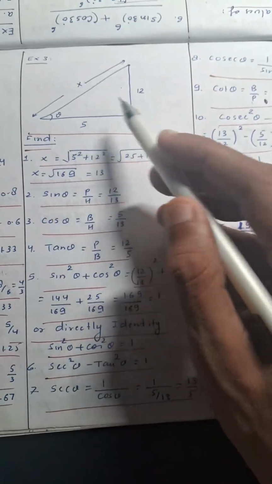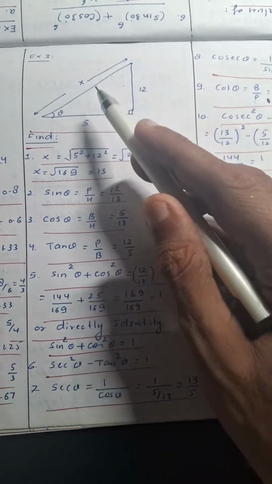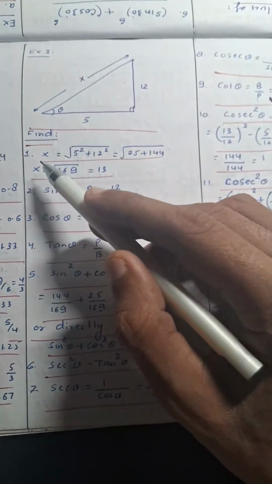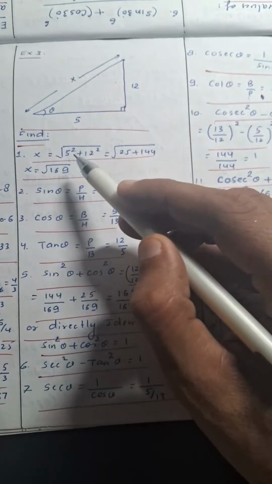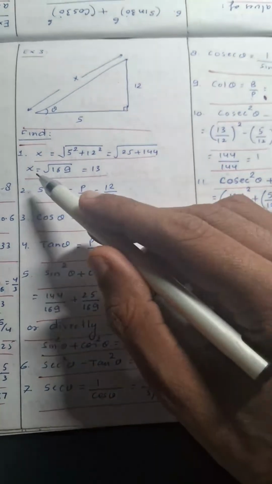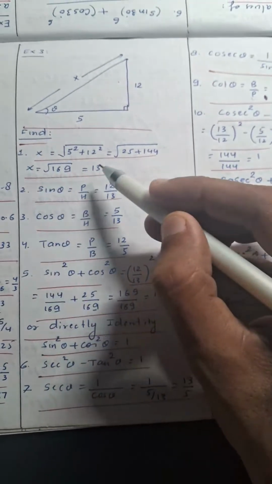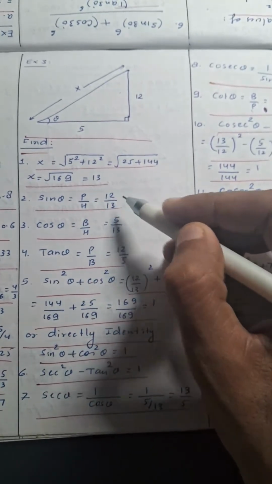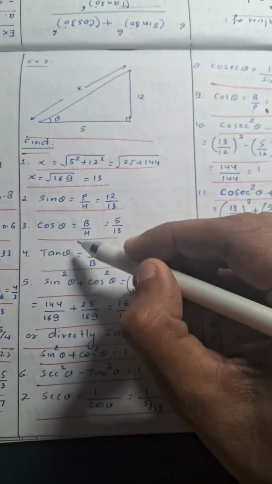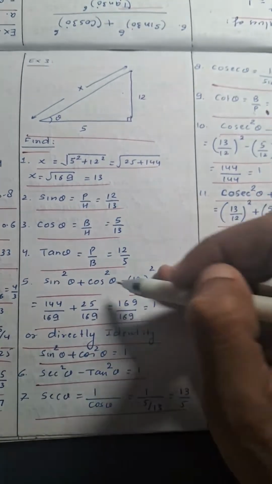Now there is another example in which sides are 12, 5 and x, and the first question is we need to find x. So x here is root under 5 square plus 12 square, which gives x as 13. Then sin theta as p by h, that will be 12 by 13. Cos theta as b by h, that will be 5 by 13.